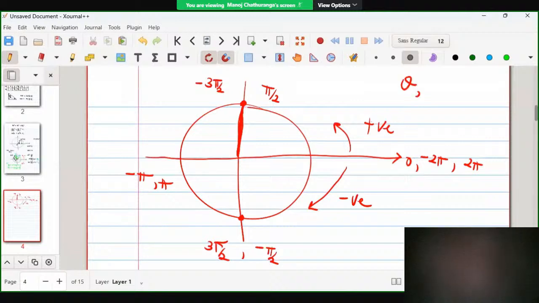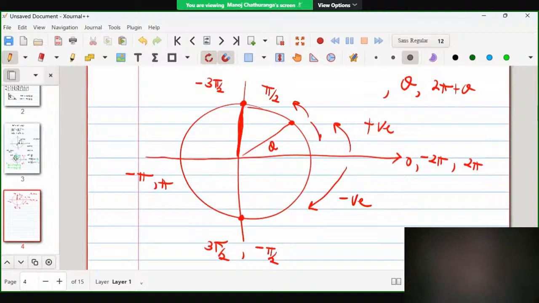For any angle theta, if you add a full circle, like 2 pi, that's the same angle. If you go a full circle and come back to this point, it's 2 pi plus theta, if you travel in the positive direction.